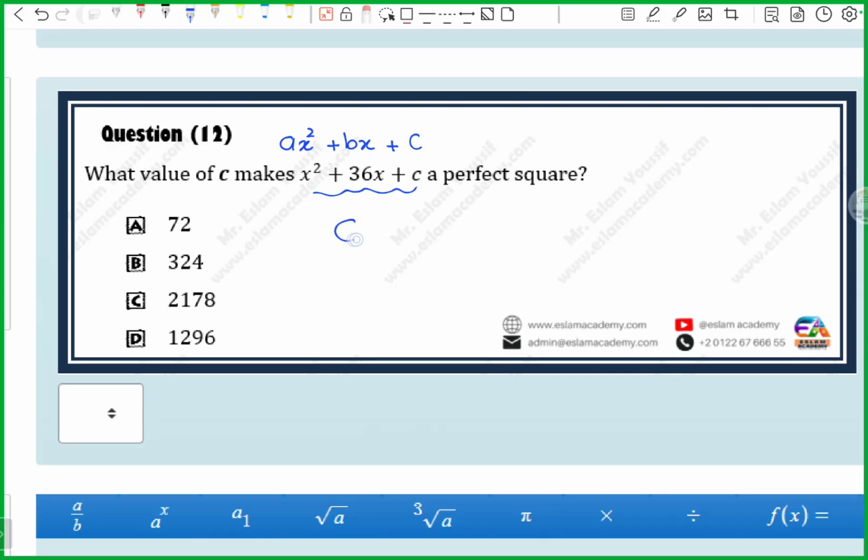So the formula to find C is (b/2)^2. What is the value of b in this question? 36. Divided by 2, to the power 2. Use the calculator and tell me the answer. It's 324.